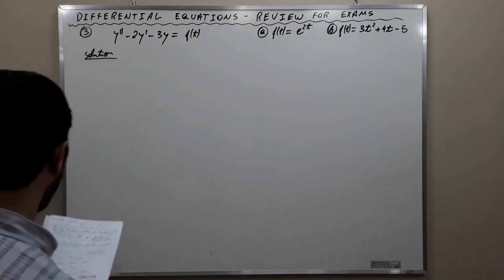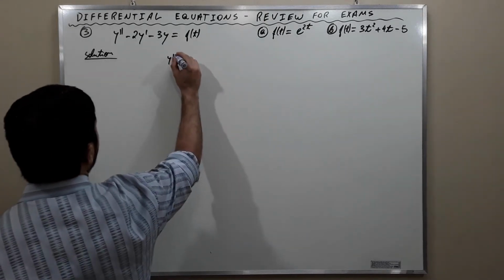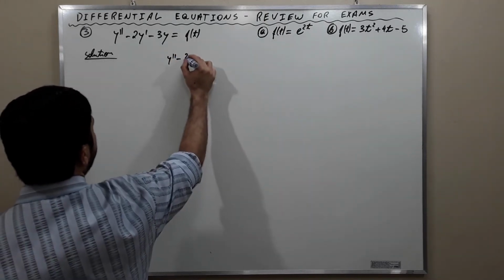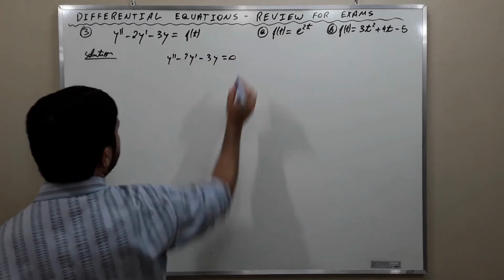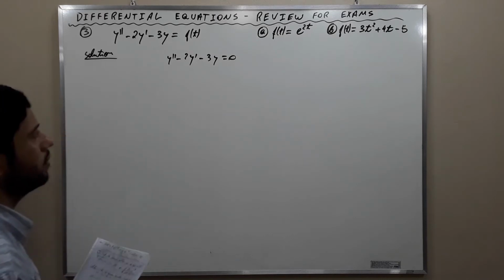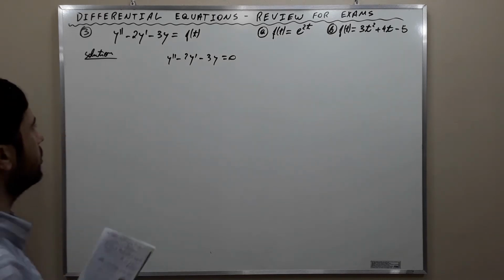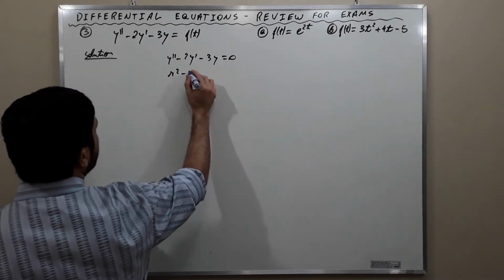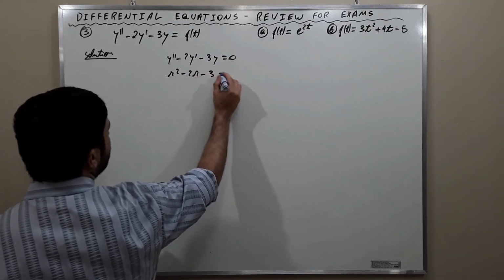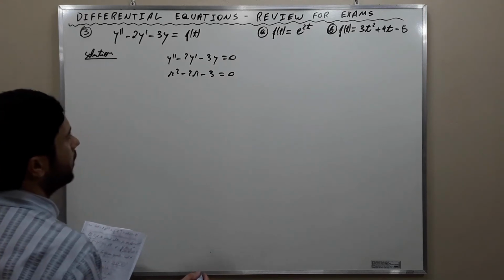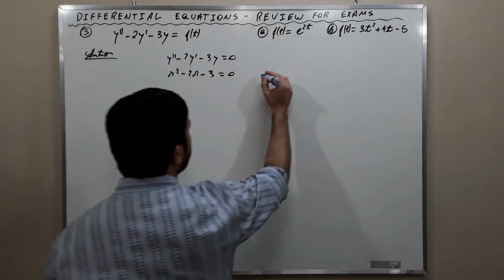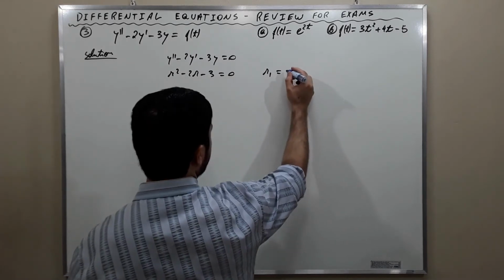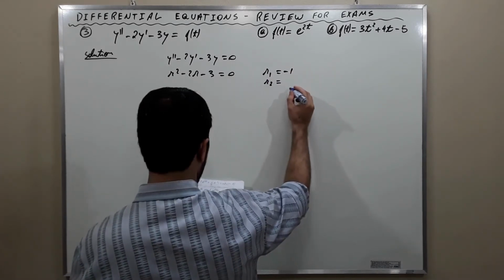Okay, the homogeneous equation is y double prime minus 2 times y prime minus 3y equal to 0. Okay, and the characteristic equation is r squared minus 2r minus 3 equal to 0. And applying Bhaskara here to find the roots of this quadratic equation, we find that r1 is equal to negative 1 and r2 is equal to 3.